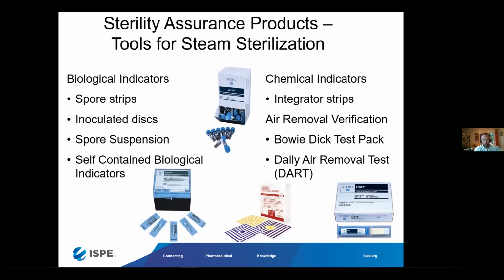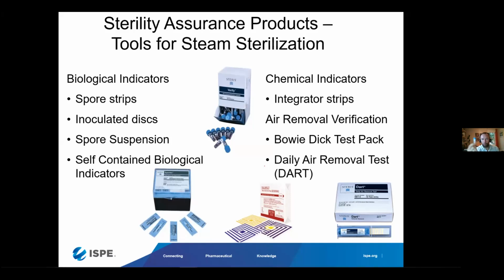We also have a couple different types of biological indicators. This is a self-contained biological indicator where there's an ampule of the growth media and the small inoculated paper disc. This does not require the aseptic transfer after sterilization.